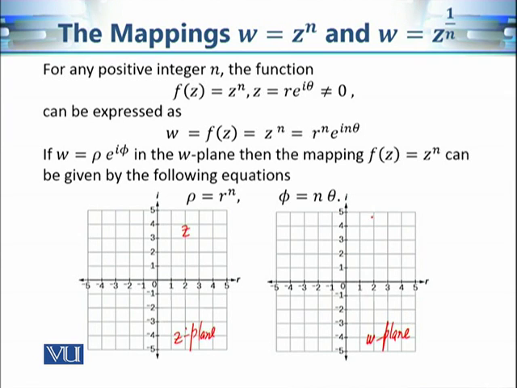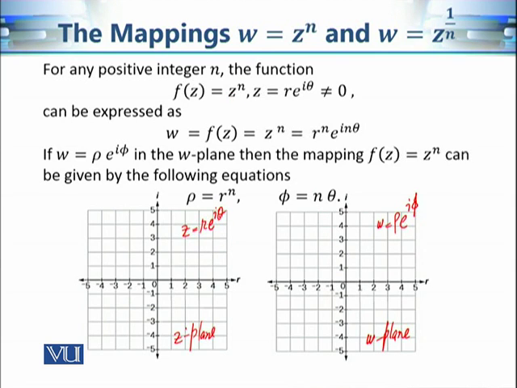Over here we have z is equal to r e raised to power iota theta, and over here the complex numbers are of the form w is equal to rho e raised to power iota phi. Now we can observe that if a complex number is given with modulus r, then its modulus is raised to power n after we apply this map z raised to power n.